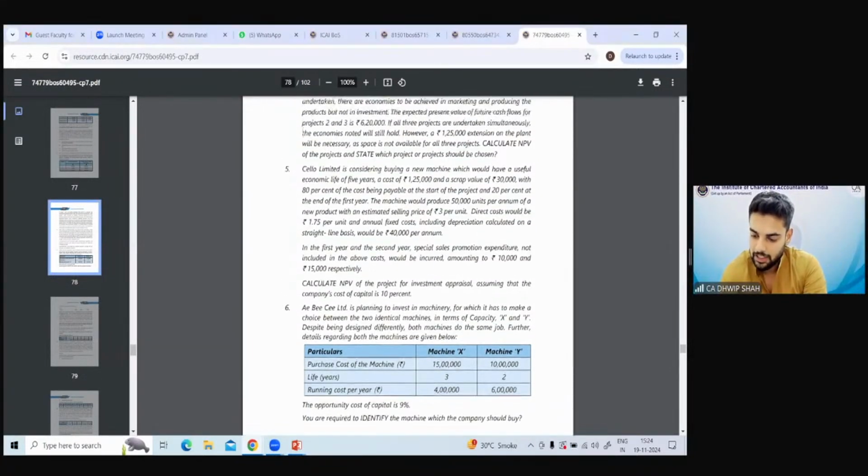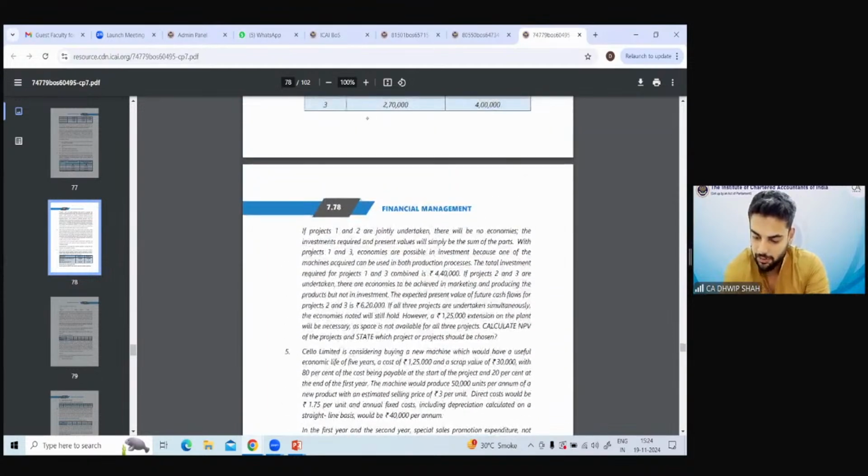Plant expansion cost. Why did I add it? Because if all the 3 projects are taken together, then 1,25,000 would additionally be incurred by the company, because to take all the 3 projects together, the company needs additional space, and for that they have to incur a cost of 1,25,000.